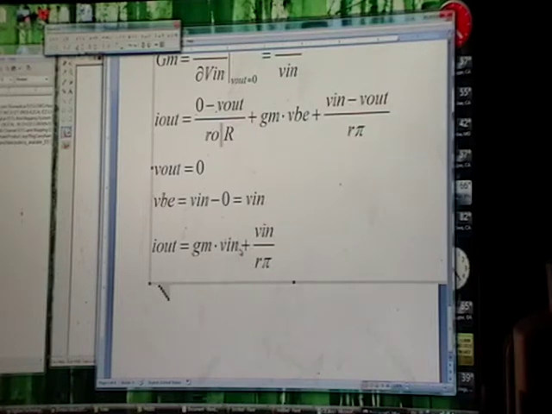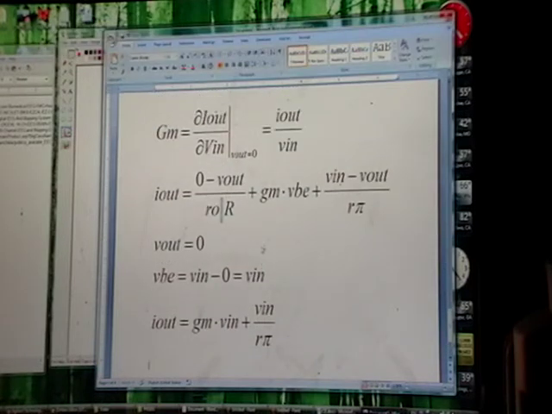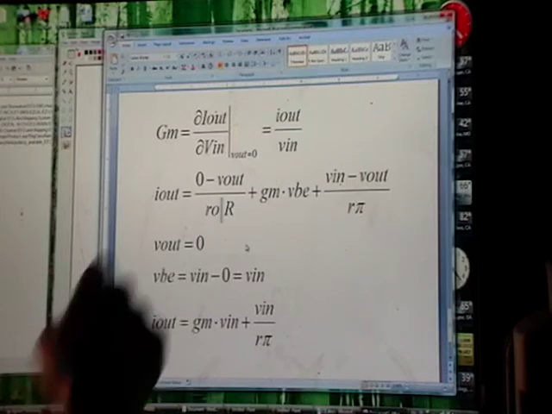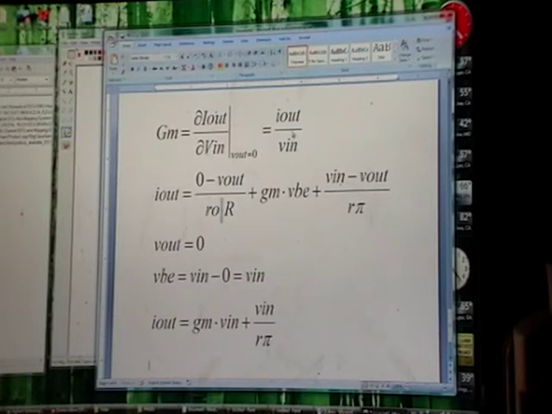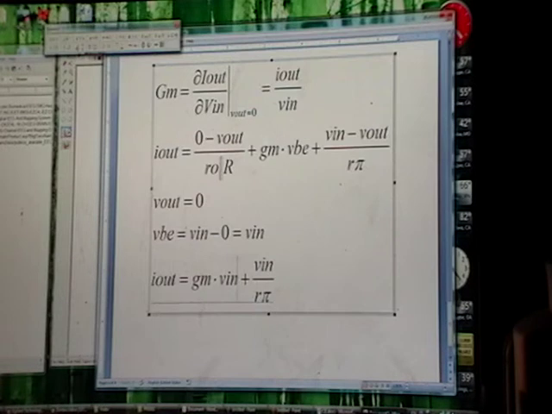Now we have an equation in which the only currents and voltages are the ones in our original equation right here. To get this equation, I want to divide both sides by V in. So let's do that.